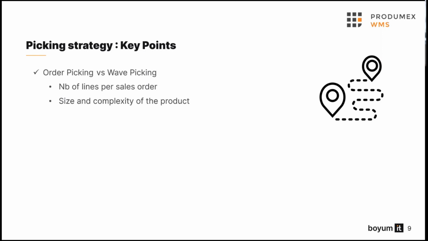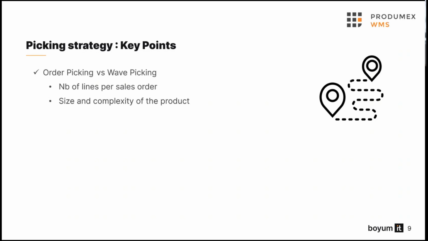Another criterion to distinguish order picking versus wave picking depends on the size and the complexity of the product. If you are picking big products, then you will probably mostly go to order picking, because you won't have the possibility to pick several big products in one wave since you won't have the space on the pallet or on the cart. So you will probably go more to order picking.